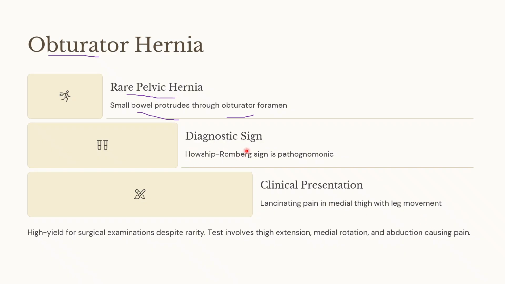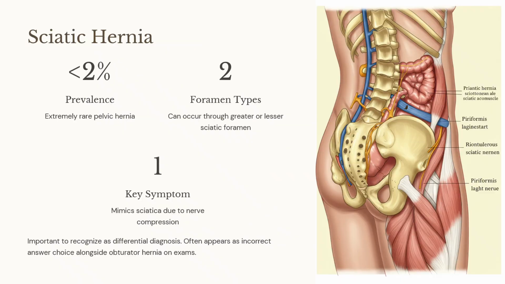So the Howship-Romberg sign is pathognomonic, where thigh extension, medial rotation and abduction will cause severe pain. This maneuver is the Howship-Romberg sign, and any pain with this maneuver indicates obturator hernia.